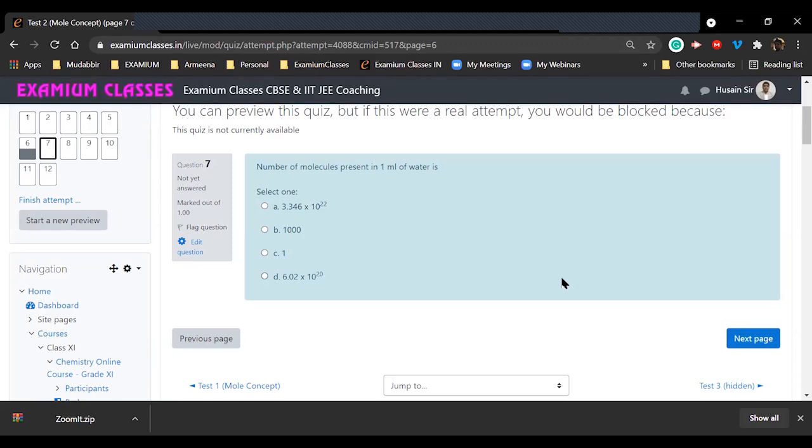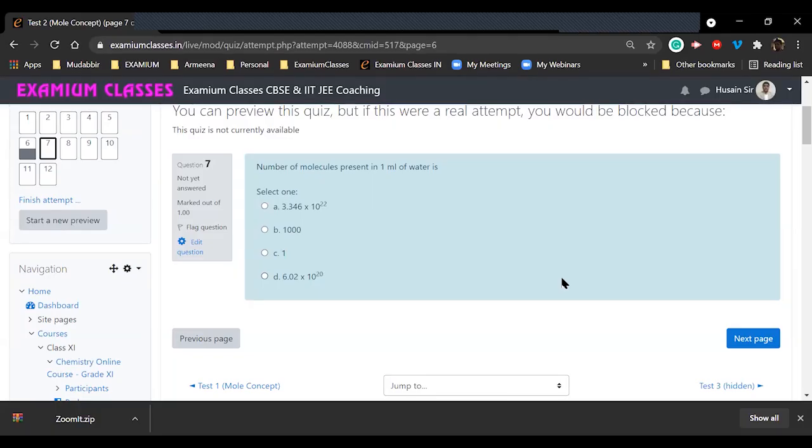Okay. So 18 milliliter will have the same because density of water is 1 gram per ml. So if 18 grams will have 6.022 into 10 power 23 molecules of water, 18 milliliter will have the same amount. 18 gram is equal to 18 milliliter of water. Density is 1 gram per ml. Hence, 1 milliliter of water will have how many molecules?